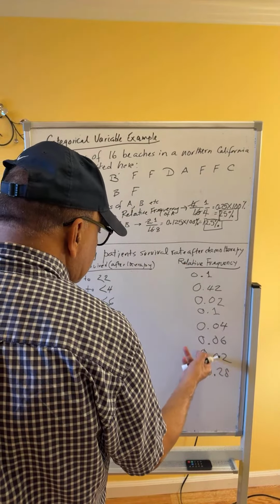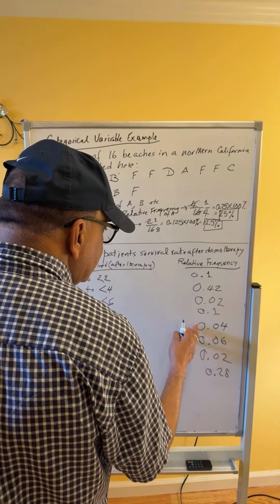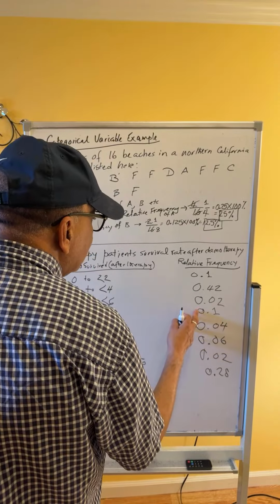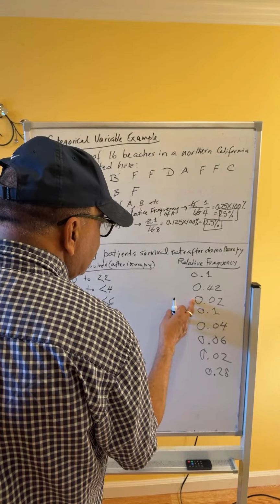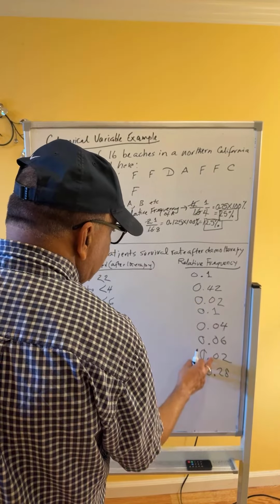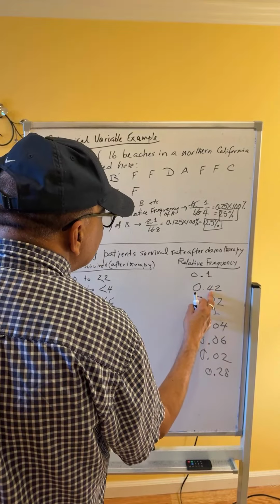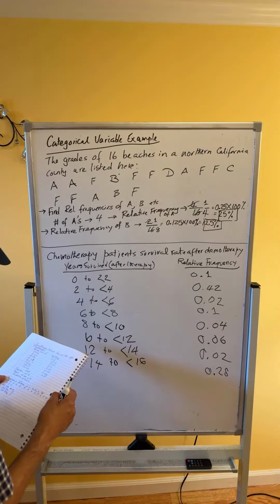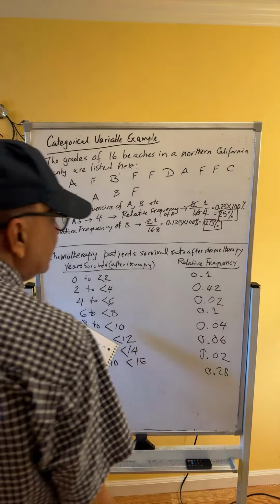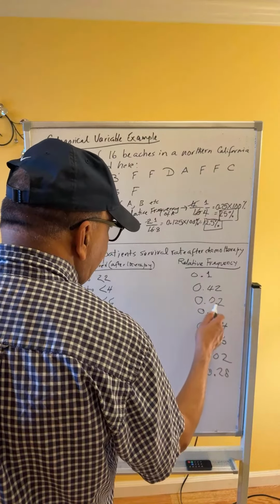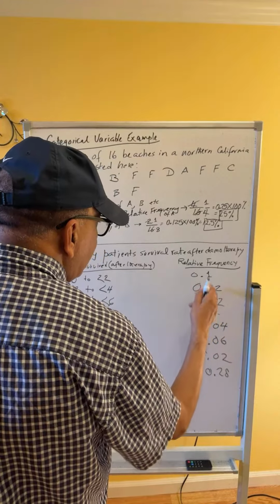Let's do a quick check on that. 0.28 plus 0.02 is 0.3, plus 0.06 is 0.36, plus 0.04 is 0.4, plus 0.1 is 0.5, okay, 0.52, 0.94.